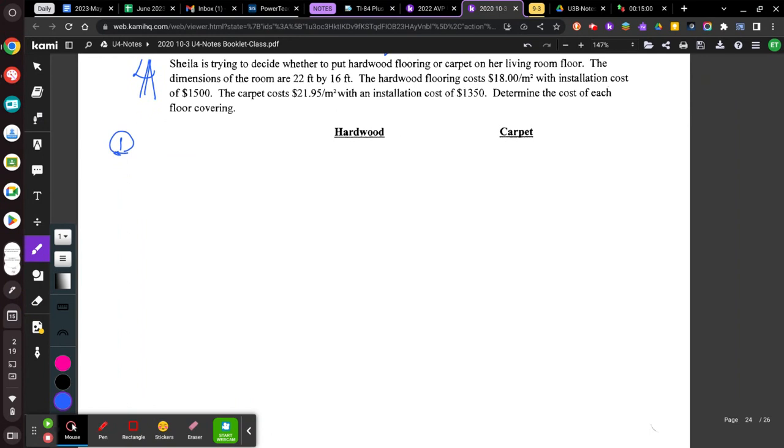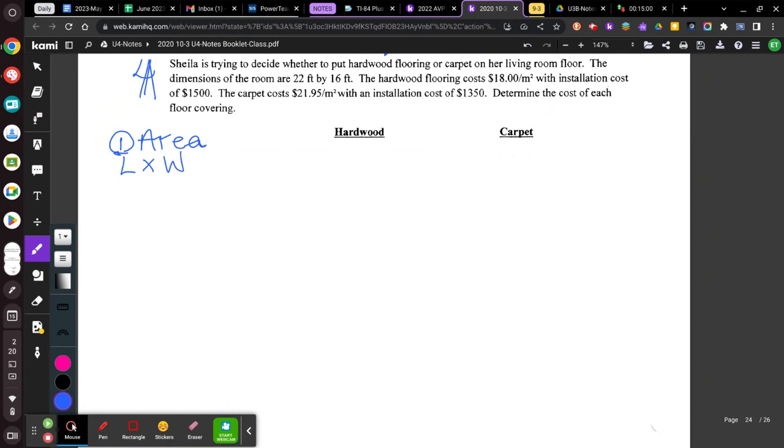Okay, we've got step 1. Step 1 is to find the area. So we've got to find the area of the floor first of all. And again, the floor is going to be a rectangle, so it's going to be length times width.